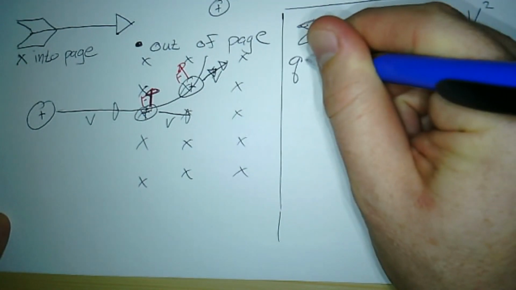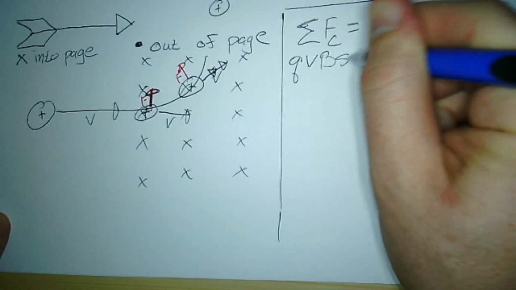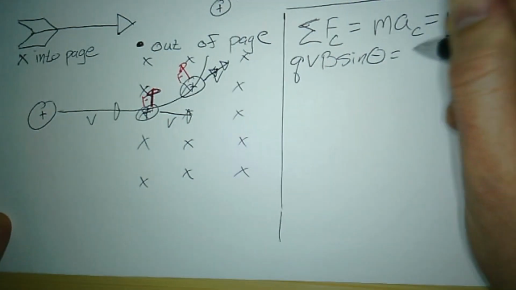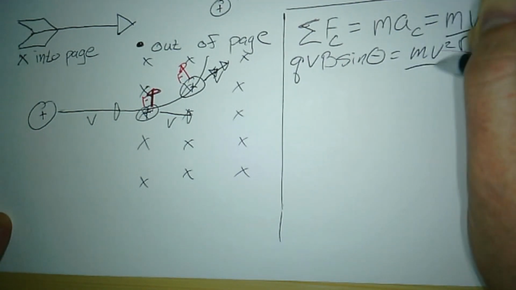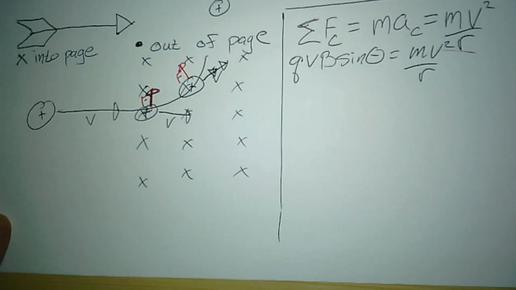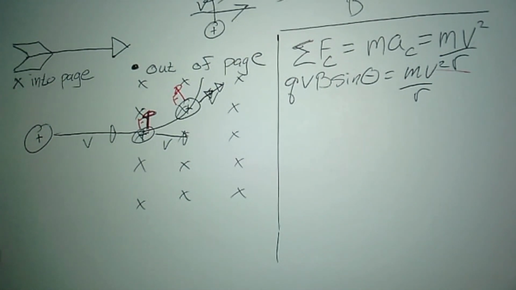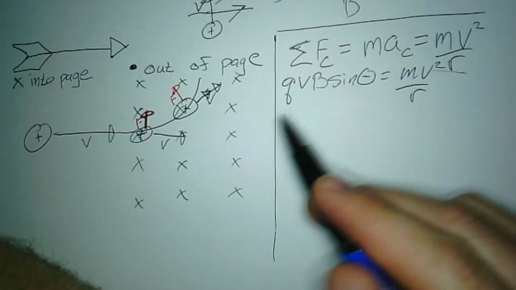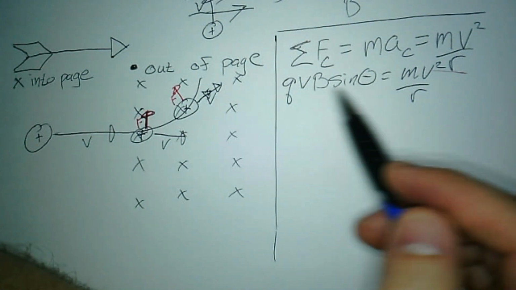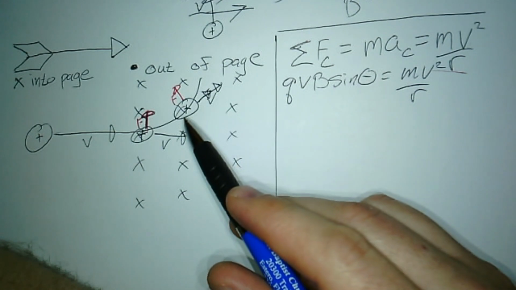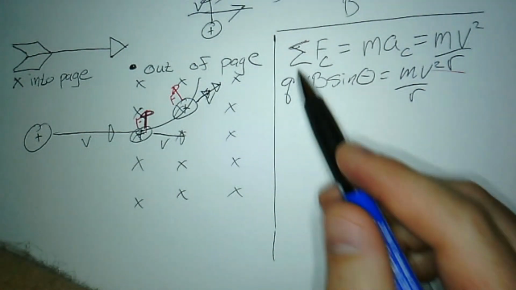So it's going to be Q V B sine theta equals mv squared over r. So now I'm able to solve circular motion problems by getting to this equation.